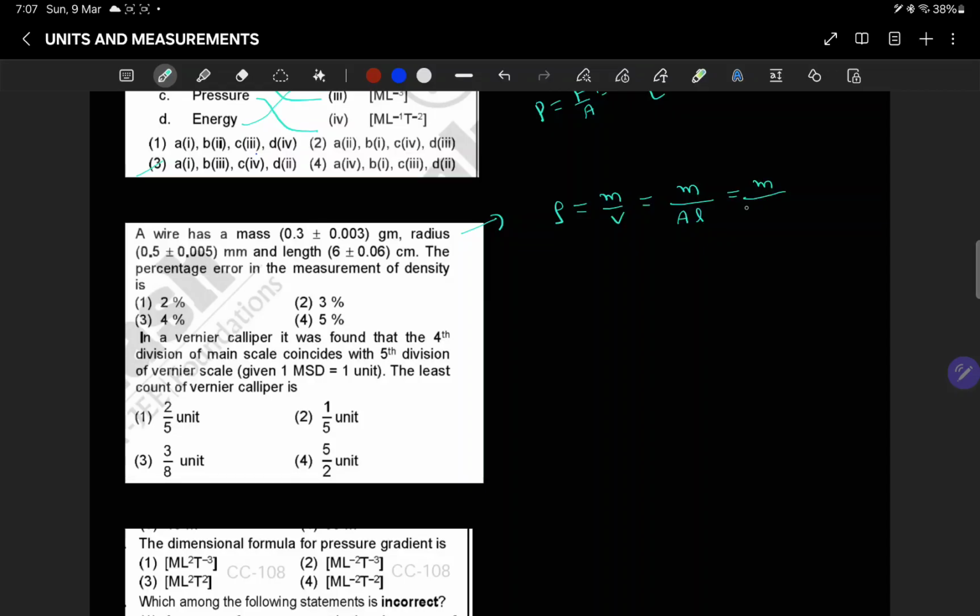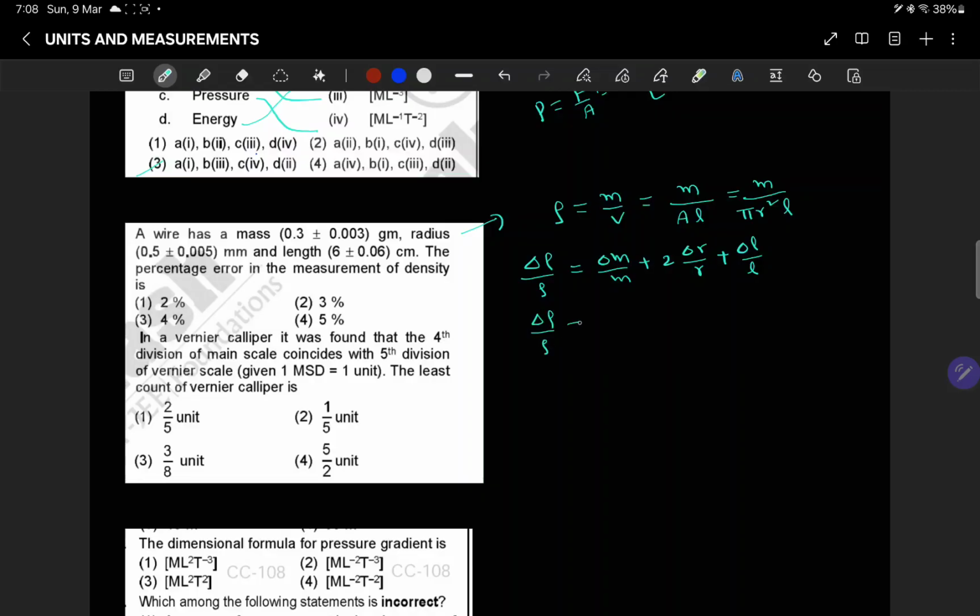Area of cross section in terms of radius is pi r square into L. So error in measurement of density, delta rho by rho equal to delta m by m plus 2 into delta r by r plus delta L by L. This constant only, no change, students. Yes, just value substitution only here.